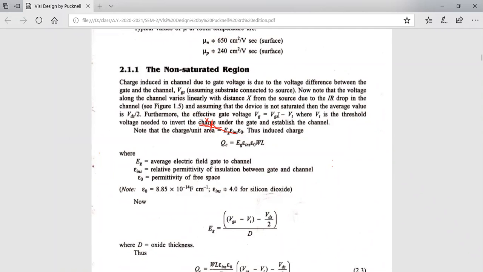But when we talk about the effective voltage, that means the voltage at the gate, indicated as VG, it is the applied gate to source voltage minus the threshold voltage. We know that VT is the threshold voltage, and it must be subtracted from the applied gate to source voltage to get the effective gate voltage.